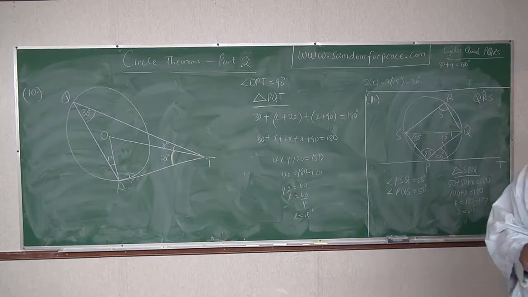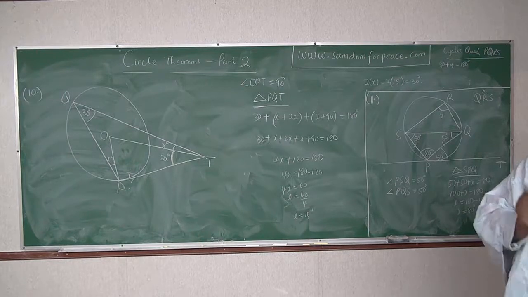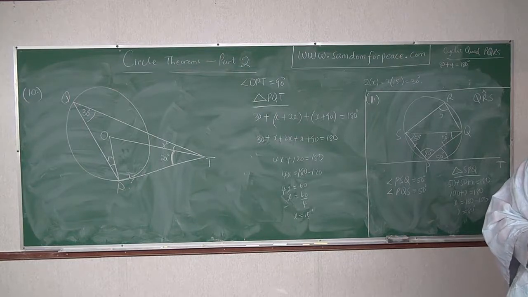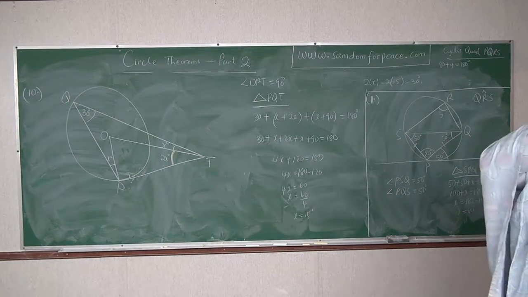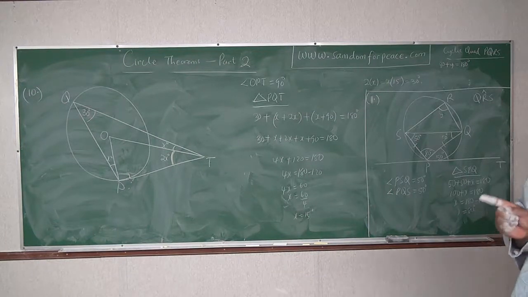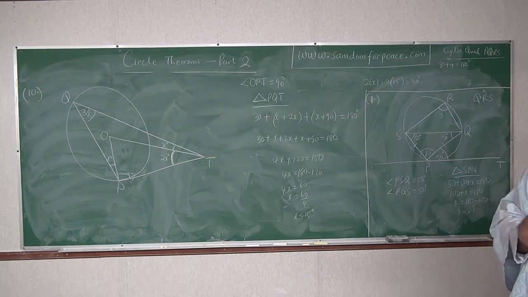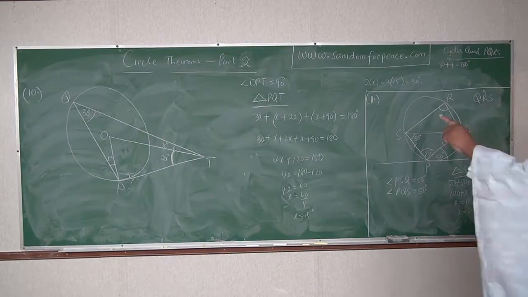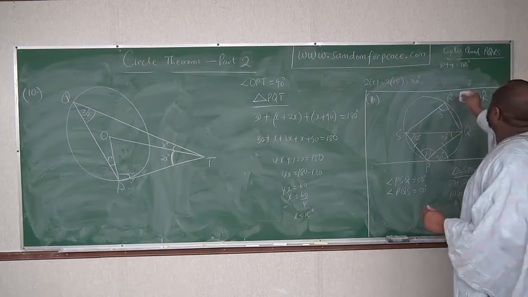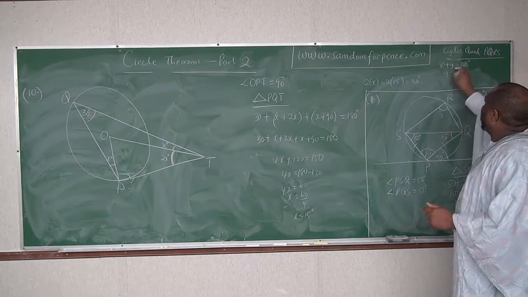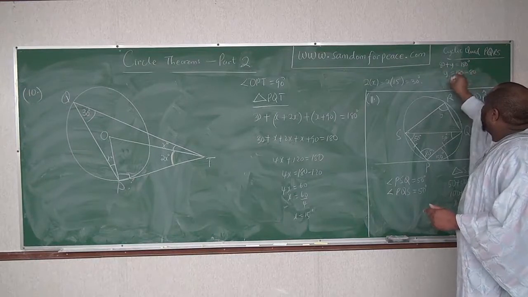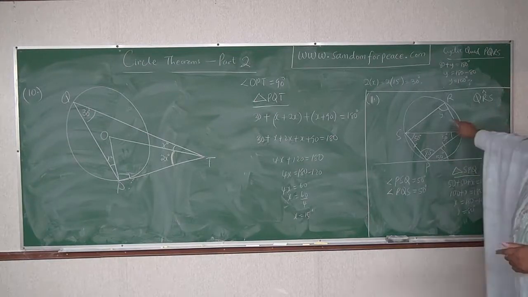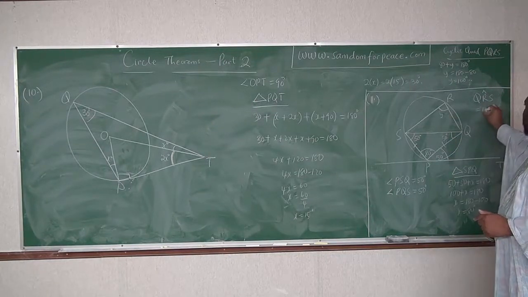Reason: the sum of the interior opposite angles of a cyclic quadrilateral is supplementary. It's 180 degrees. We discussed that in part 1. It was one of the theorems we discussed in part 1. So y is 180 minus 80, so y is 100 degrees. That's your y. That's this here. Angle QRS is 100 degrees.